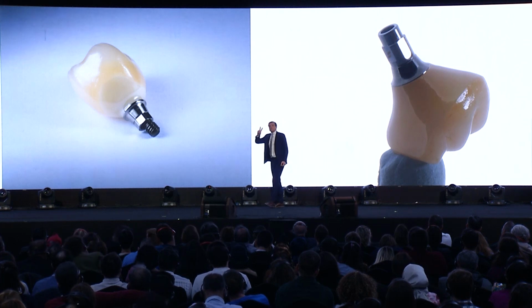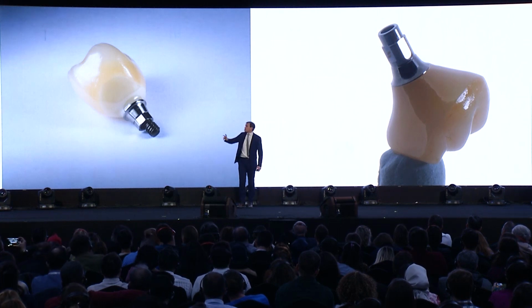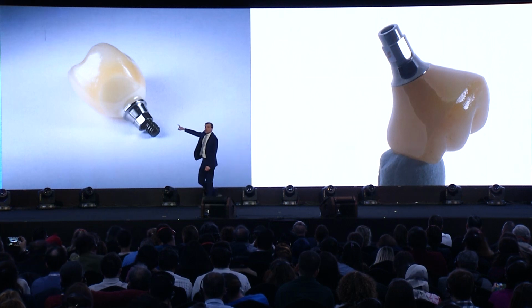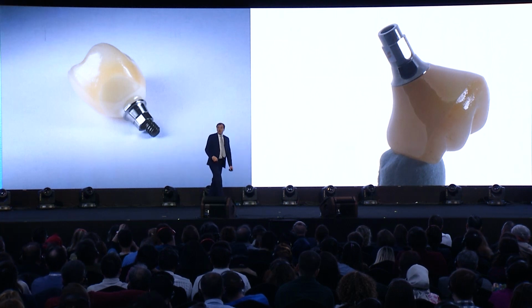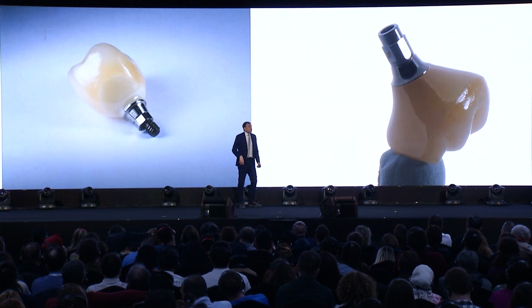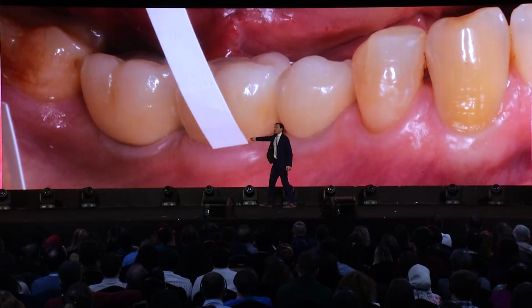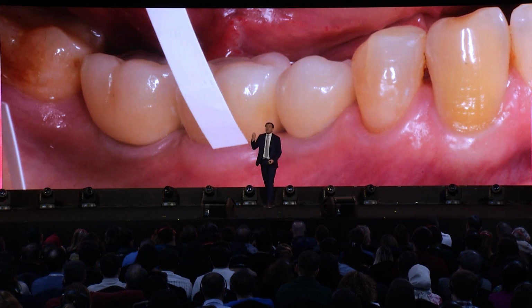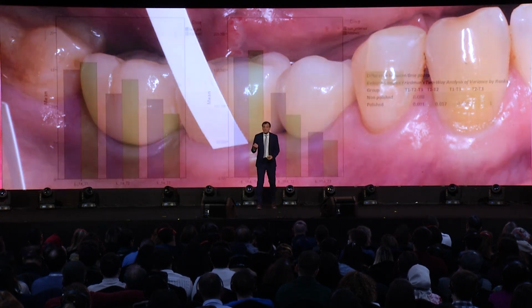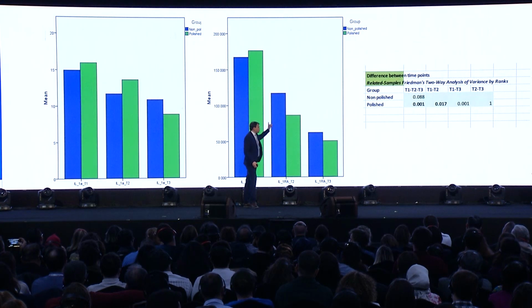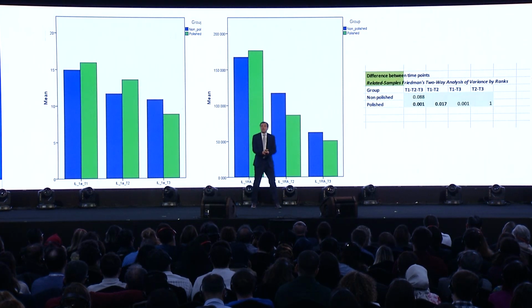We had two groups of the restorations. One was normal smoothness of zirconia, and the other was super polished zirconia. And we placed those on the implants, and at certain period of time we collected gingival fluid and inspected it for inflammation markers. The outcome showed, you can see here on these graphs.